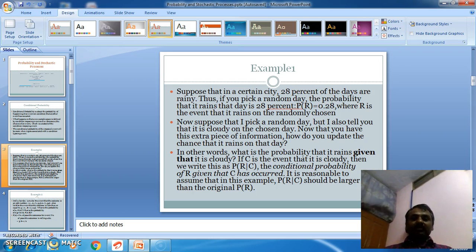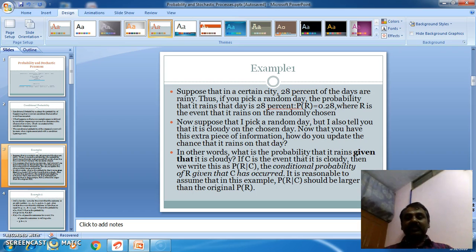Now, suppose that I pick a random day, but I also tell you that it's cloudy on the chosen day. Now that you have this extra piece of information, how do you update the chance that it rains on that day? In other words, what's the probability that it rains given that it is cloudy?